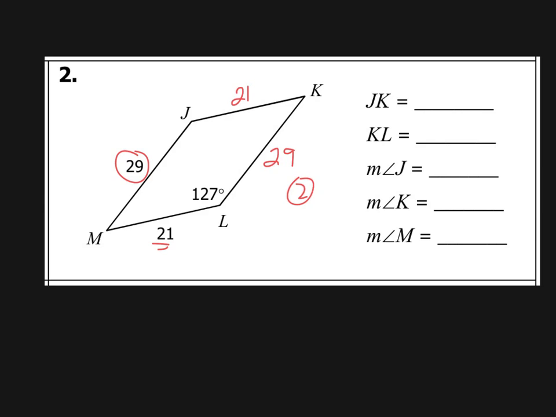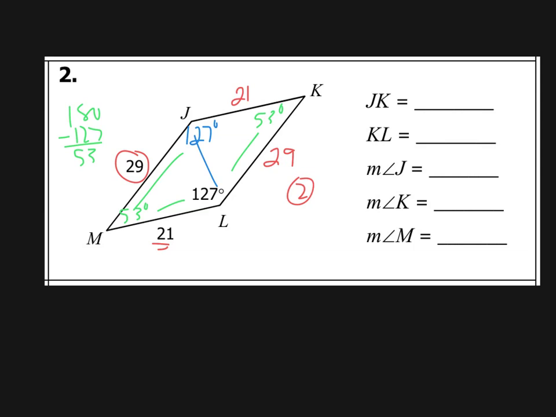I know that opposite angles are congruent from property number 3, so this is also 127 degrees. And then, with the idea that consecutive interior angles are supplementary, 180 minus 127 is going to be 53 degrees, so this is 53 degrees. Opposite angles are congruent, so if across the street is 53, so is that one.